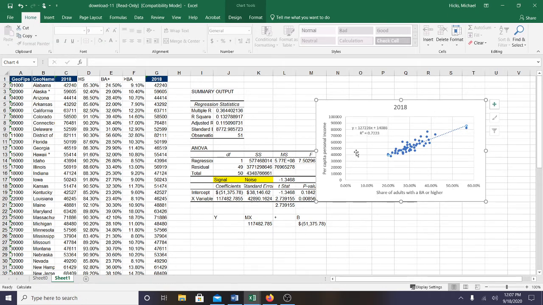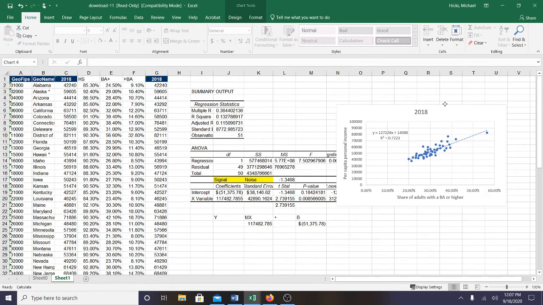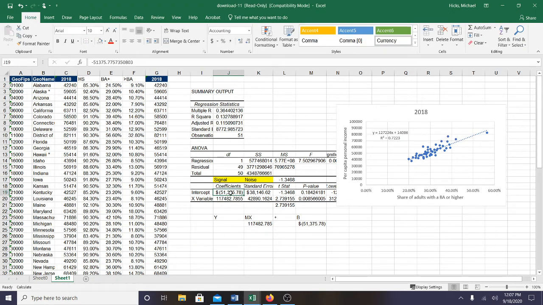And so there are a couple of things that are problematic about this. The regressions here don't tell us everything we would want. This is not the same x times b value there, right? 117,482, and that's 127,226, right? And that's the intercept 14,086, whereas the intercept here is 51,000, but really we could set it to 0.